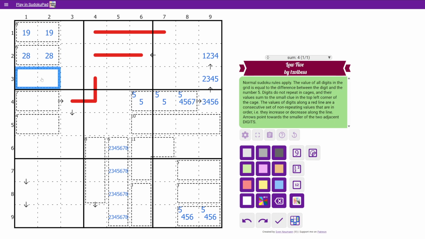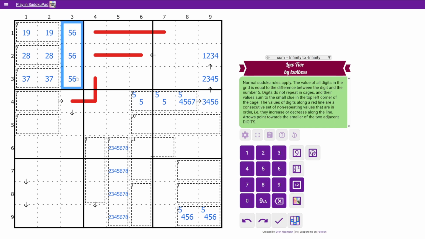I do believe so, which is going to be a 3-7. Or it could have been a 4 with a 5, but both the 4s were up here already, so it couldn't be that way. So this will be a 5, 6, and 4.